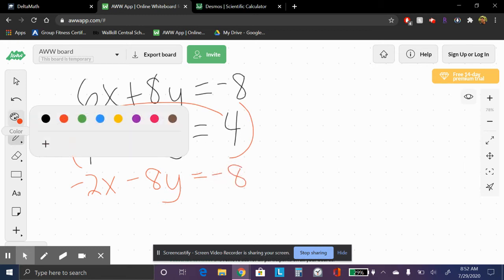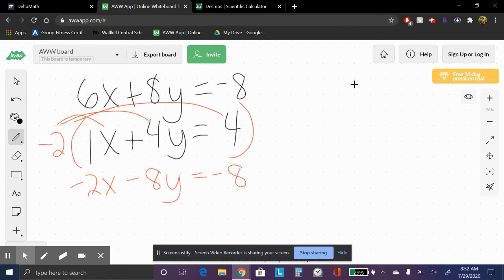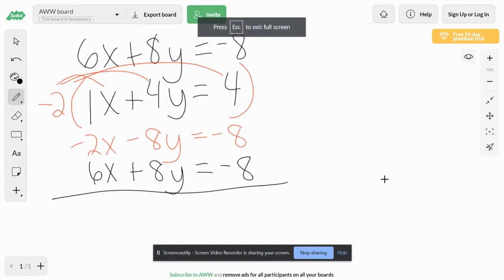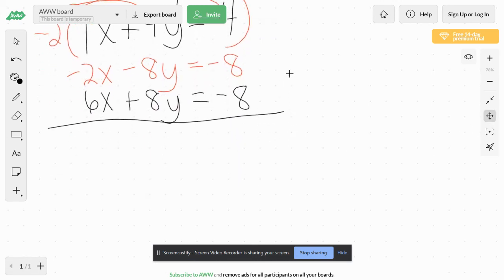And then I'm going to write this equation right below it, just so I have everything lined up. Then I combine them.